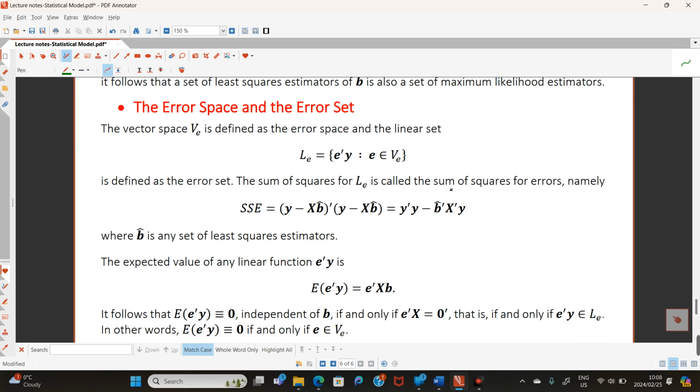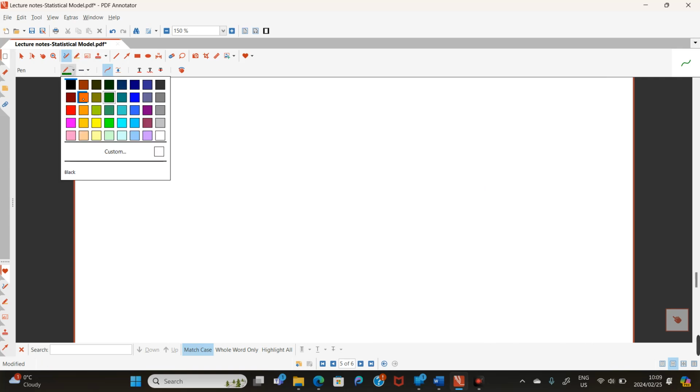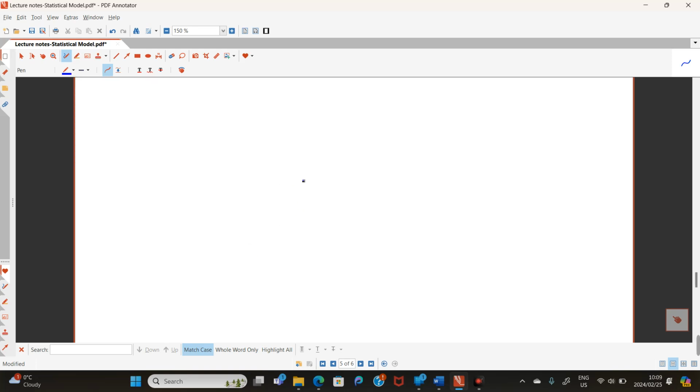Now let's look at the error space. If you remember from the previous video, in which we discussed the spaces, let's once again have this schematic representation. This is the regression space, V_R.